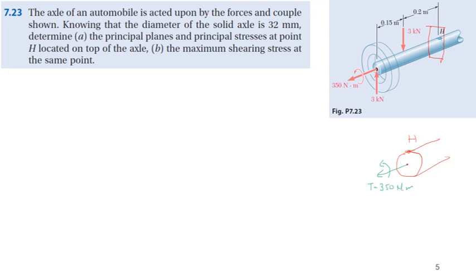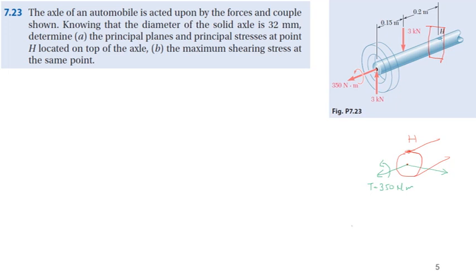Now the transverse force 3 kilonewton plus and minus, it will cancel, so there will be no transverse force acting on that section. So what else? Now we will have a bending moment, and that bending moment will be acting on this point. So let me take this axis, and what will it be? It will be the bending moment.